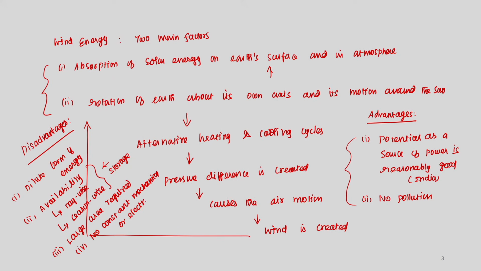As we already said about availability, it is an intermittent energy. Whatever is applicable for solar is applicable for wind also. The aim is how to overcome the disadvantages and maximize the advantages to draw power from wind energy. That is the main aim, to extract power from the wind energy.